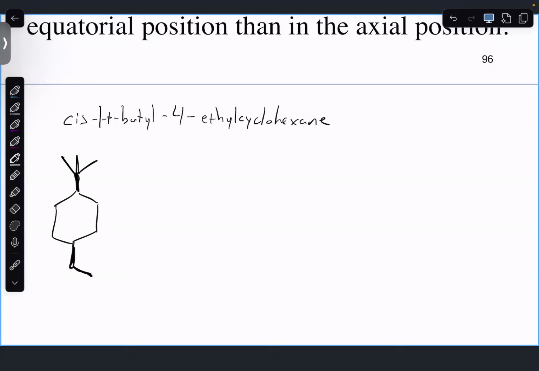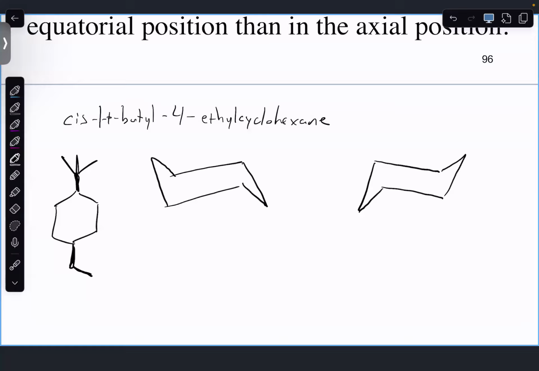So we're going to go ahead and start this by drawing the 2 chair forms. All right, so I've got my 2 chairs. Now I'm going to draw in substituents.